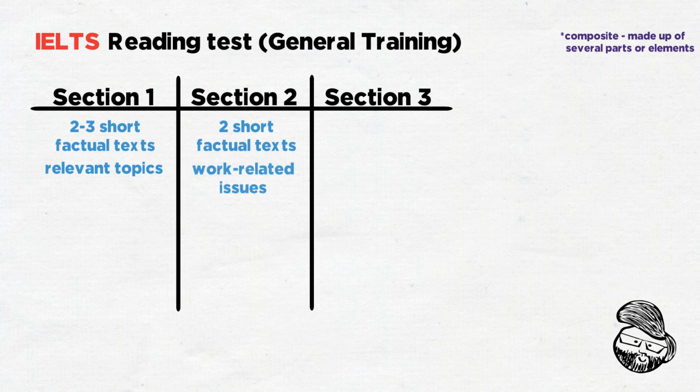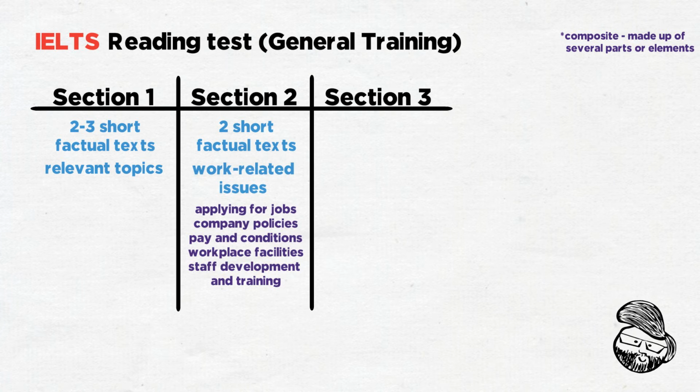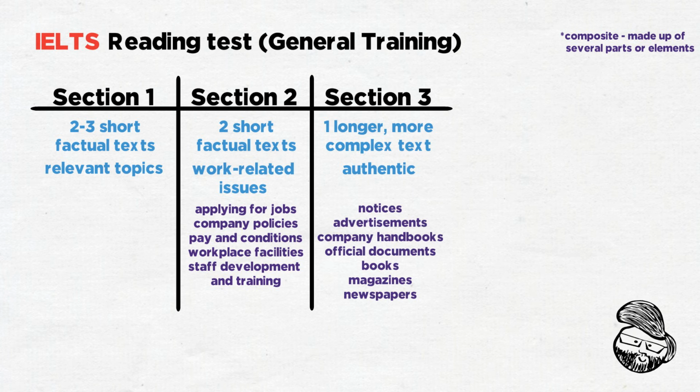For example, applying for jobs, company policies, pay and conditions, workplace facilities, staff development, and training. Section 3 contains 1 longer, more complex text on a topic of general interest. Texts are authentic and are taken from notices, advertisements, company handbooks, official documents, books, magazines, and newspapers.